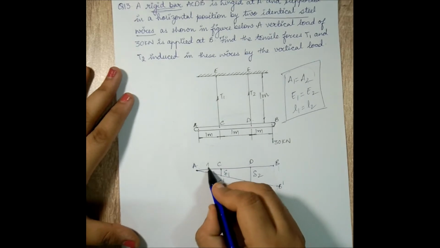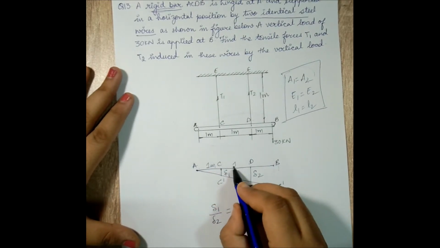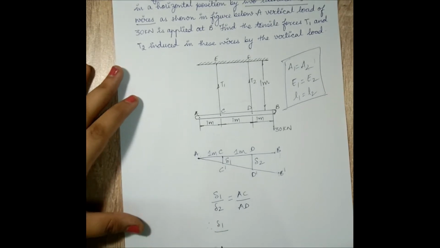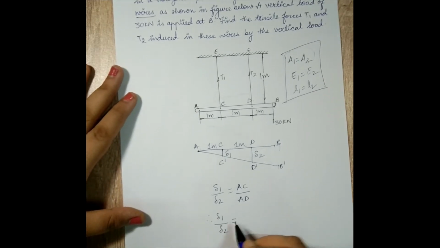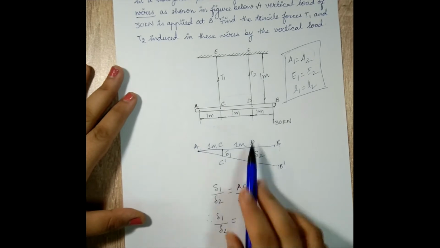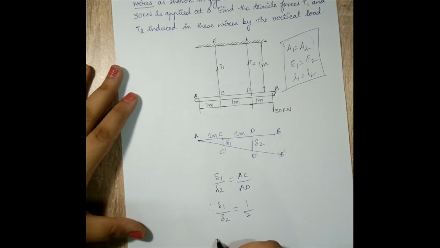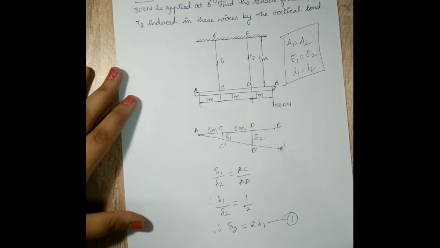Now this distance is given as 1 meter, C to D distance is given as 1 meter. So I have delta 1 by delta 2 equal to AC is 1 and A to D is 2. Or I can say that delta 2 is equal to twice delta 1. So this is my equation 1 that I obtained.